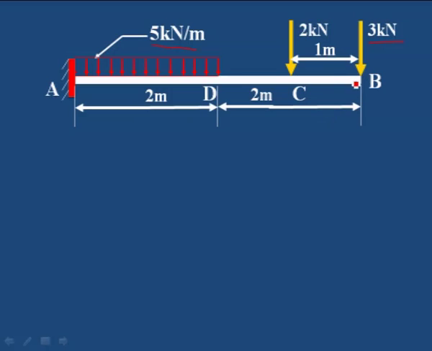One more point load of 2 kilonewton is at a distance of 1 meter from the free end. 2 point loads and one UDL. This is again a combination of point load and UDL. We just add the point loads, and where there is UDL, we multiply it with the distance for calculating the shear force.